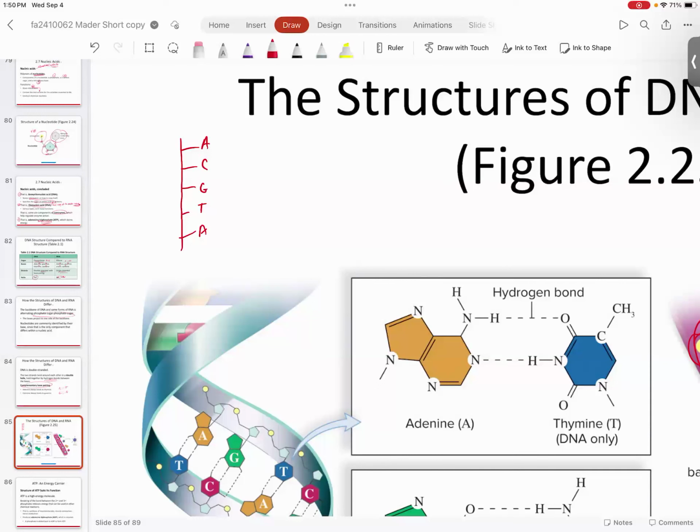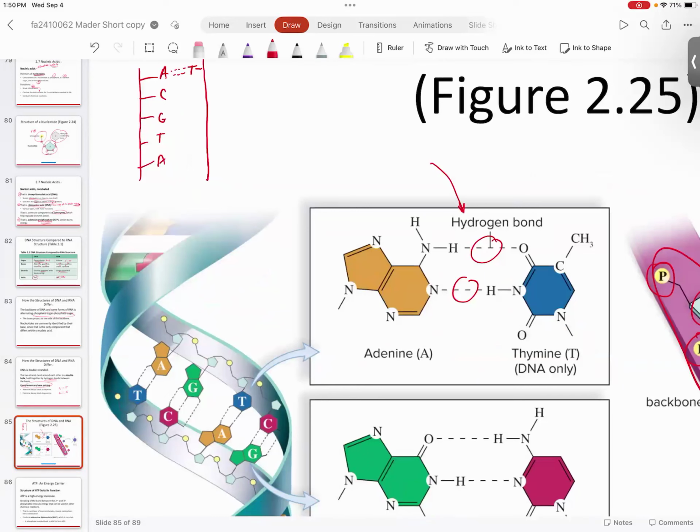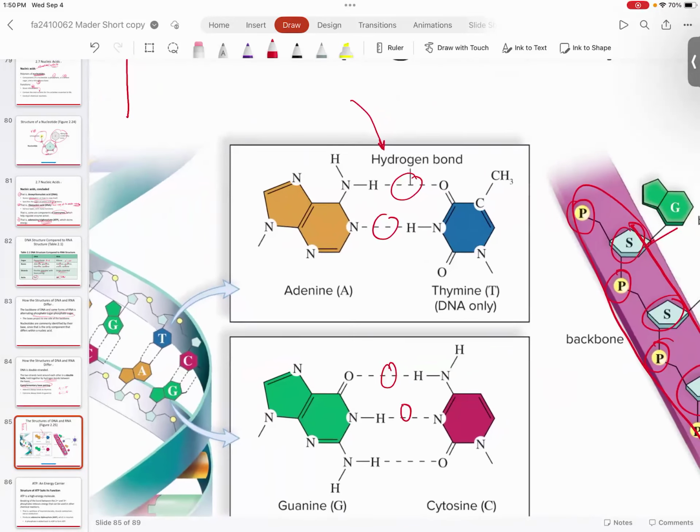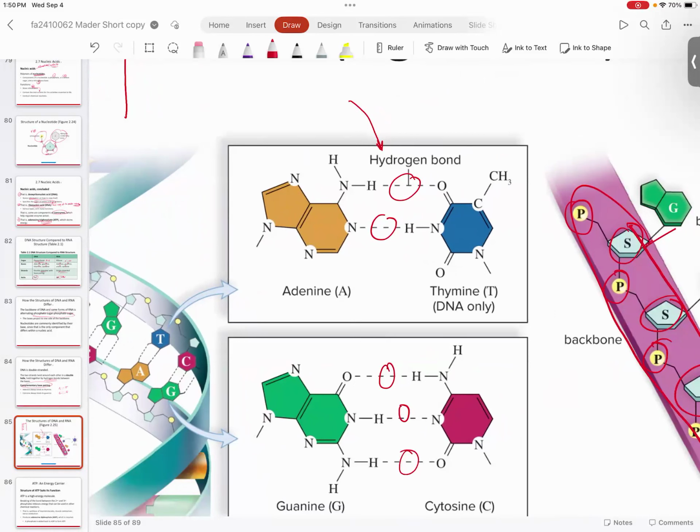Now in order to make the other strand, you have to pair them together. For instance, your adenines and your thymines will form 2 hydrogen bonds to pair each other together. What that means is, on the other strand, the adenine will form two hydrogen bonds to pair with its partner, which is thymine, and this is attached to its backbone. Cytosine will form three hydrogen bonds with its partner, which is guanine, right?